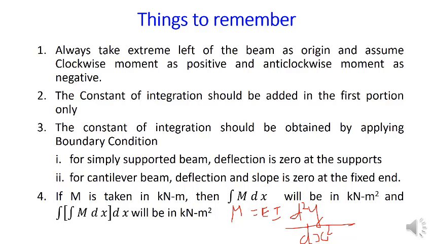So substitute M equal to EI into d square y by dx square into dx. This EI d square y by dx square, when I am integrating one time, I get the slope EI dy by dx. That unit is kilonewton meter square. When you integrate one more time, you will get EI into y.